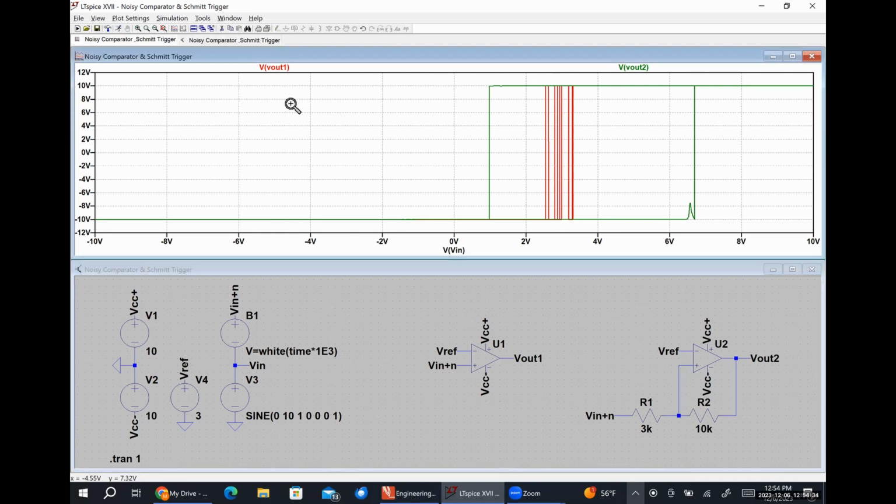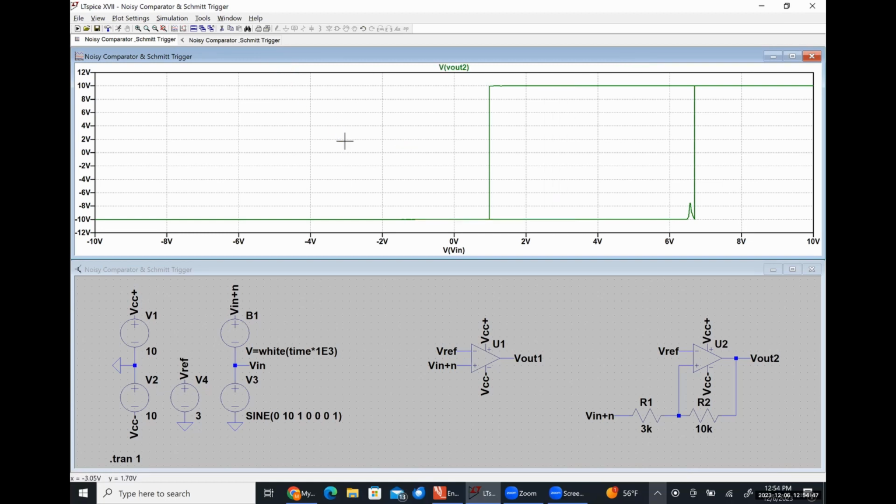And I'm going to get rid of the V out curve because I no longer care about the comparator. I want to describe to you guys effectively what's going on here.